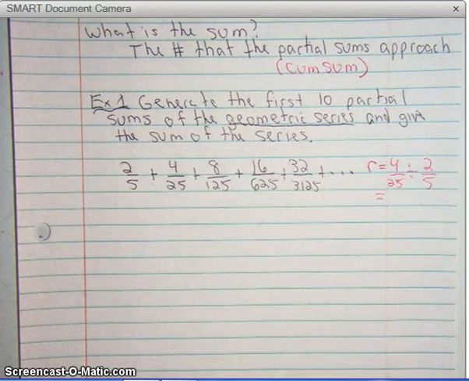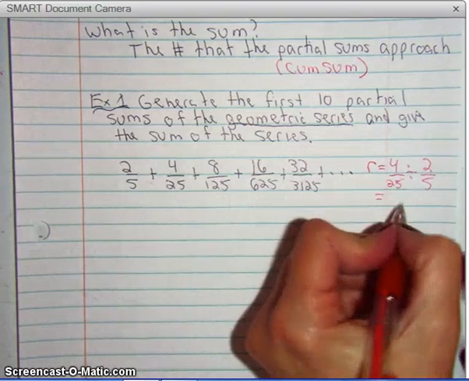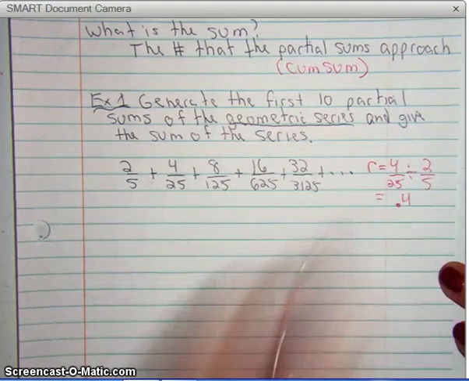Do you want r in a fraction or decimal? Either way, it doesn't matter. If it comes out to be a nice decimal, we can write it as a decimal. What do you have for r? 0.4, or 2/5.